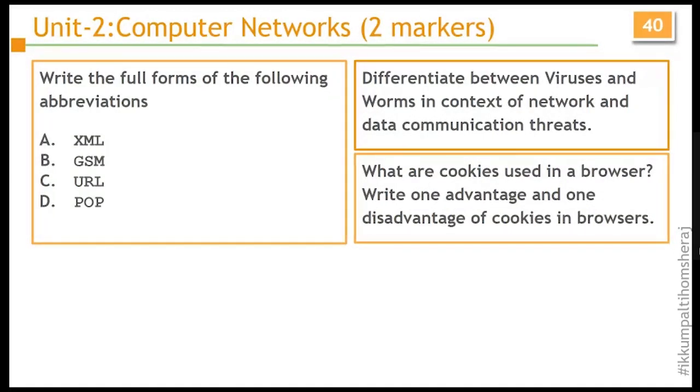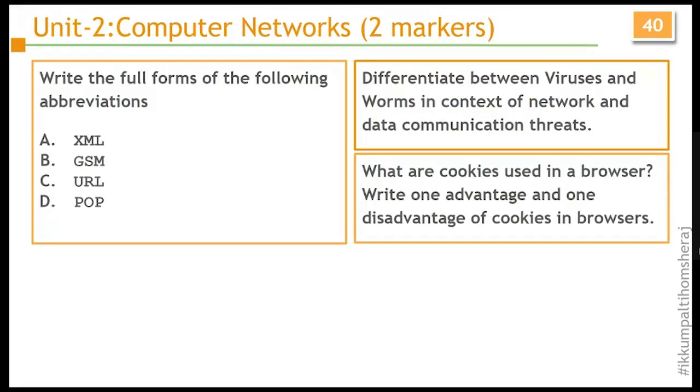What are cookies used in a browser? So they'll be writing what cookies are first, and then they'll be giving 1 advantage and 1 disadvantage, which is going to be half a mark each for cookies. So cookies are useful because they save time and energy for us, as they carry the previous details of our form submissions.